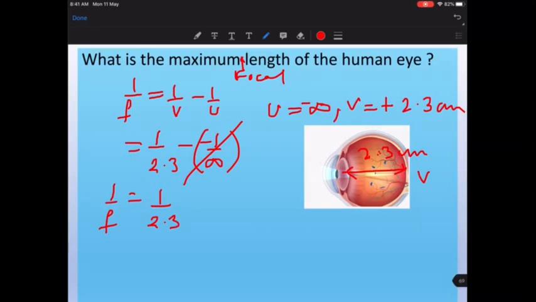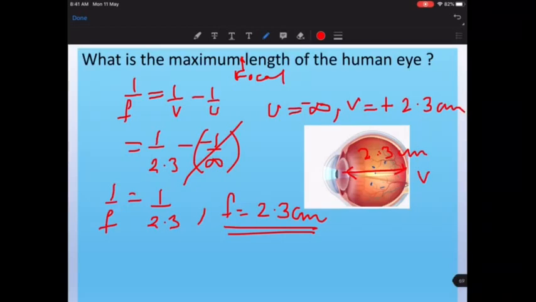So this is clearly understood: our u is minus infinity and our v is 2.3. How is v 2.3? Because it is the distance between the eye lens and the retina, which is never going to change. So in both cases, we take the image distance v as 2.3. Only u is going to change.